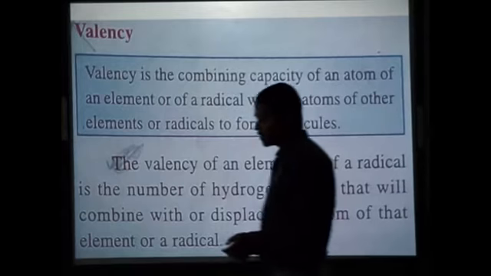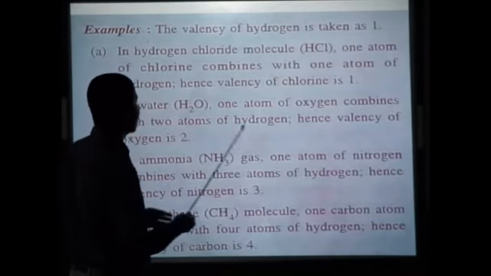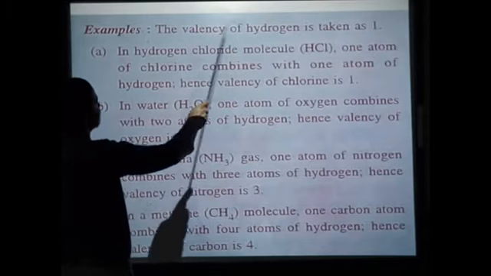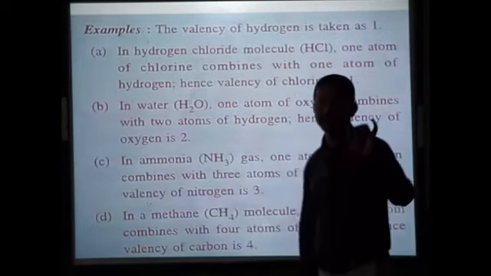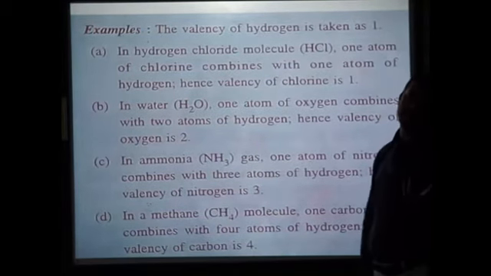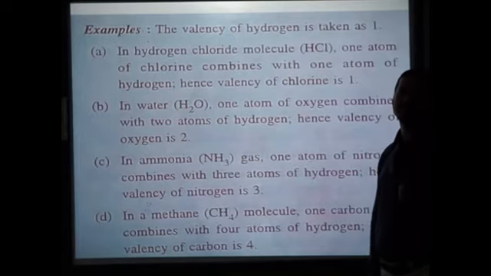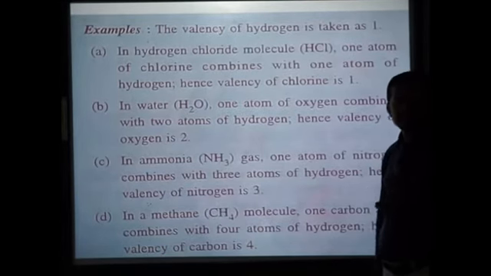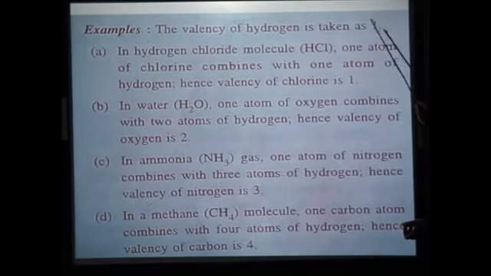Let's see with an example. The valency of hydrogen is taken as 1. That means whenever hydrogen has to combine with another element, it can contribute 1 electron. That means its valency is 1.